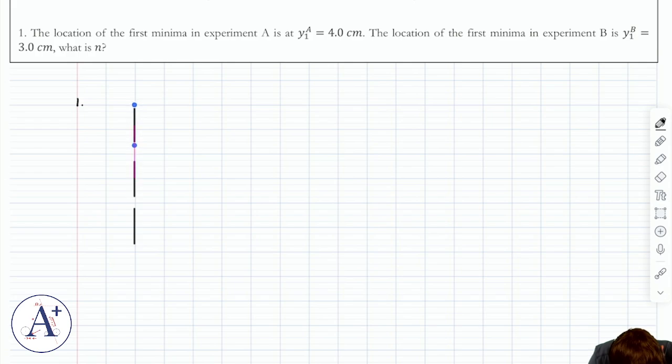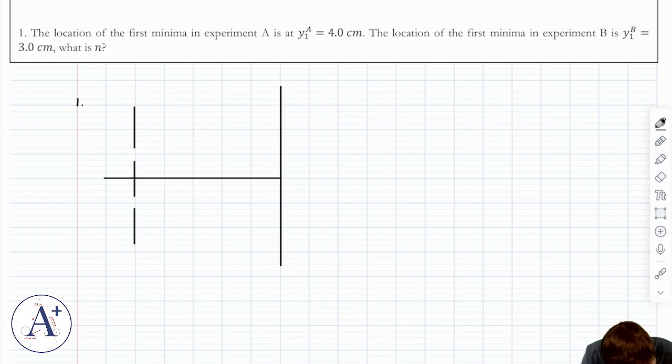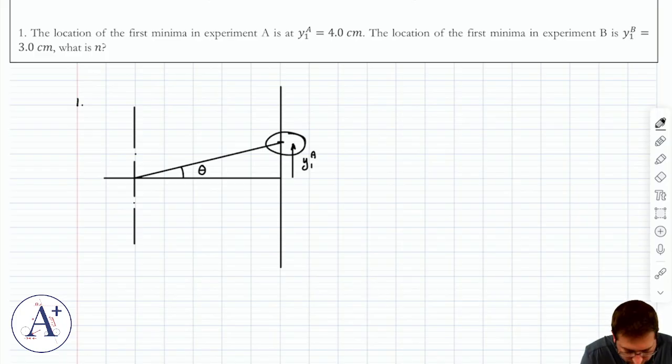If these are the two slits, this is the screen distance here, this is the screen, and the first dark fringe is here, this is Y1A, for a certain angle theta. Then I can locate this dark fringe. I can find Y1A, in other words.